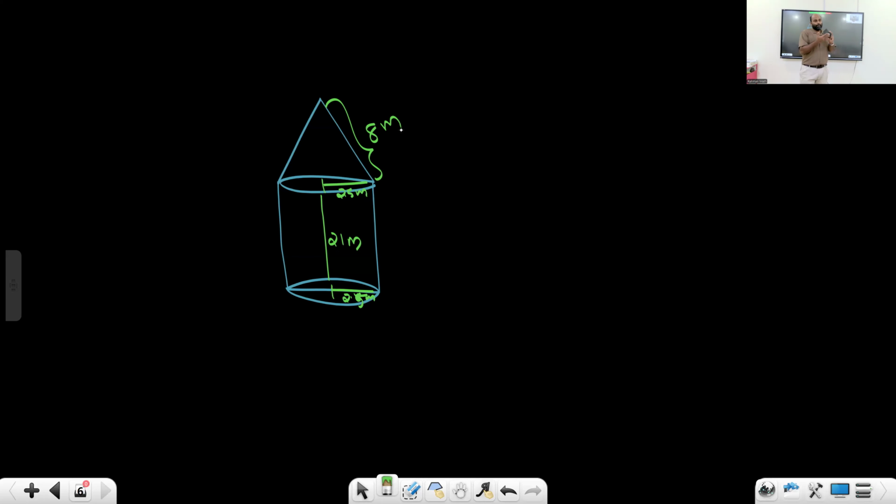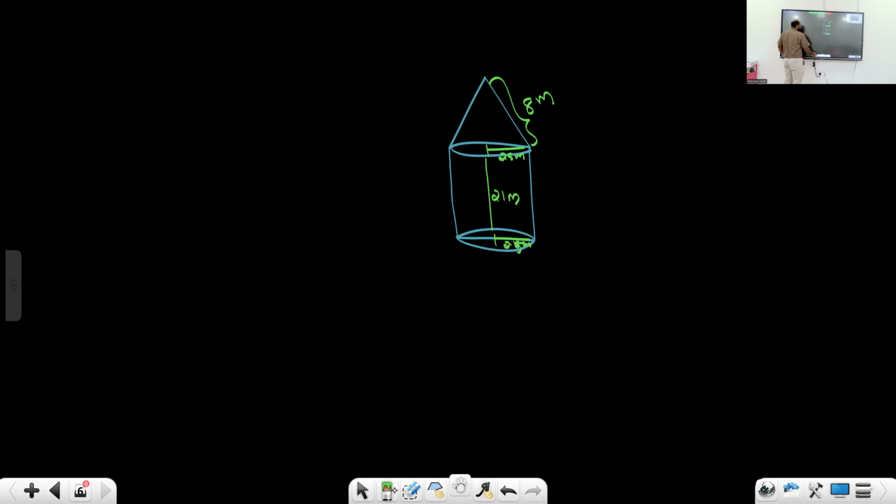We have to consider this base, the curved surface area of the cylinder, and the curved surface area of the cone also. TSA of the rocket equals pi r square plus 2 pi r h plus pi r l for the cone. The radius is the same everywhere, so I used r throughout.